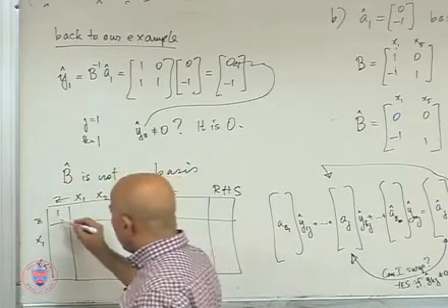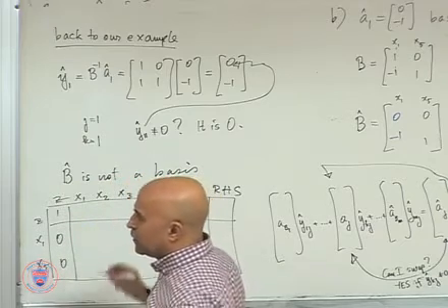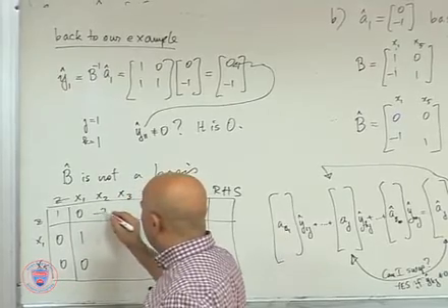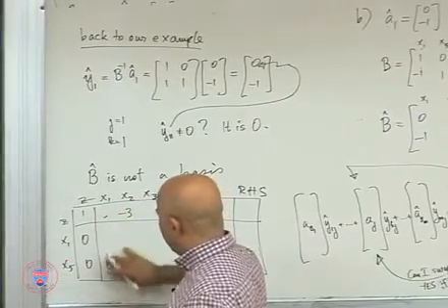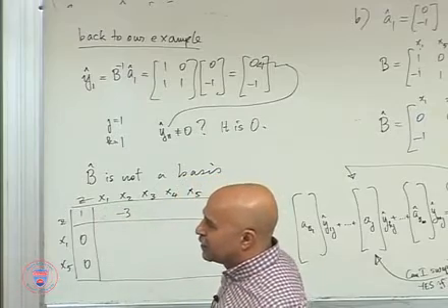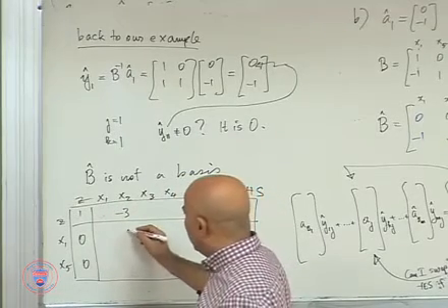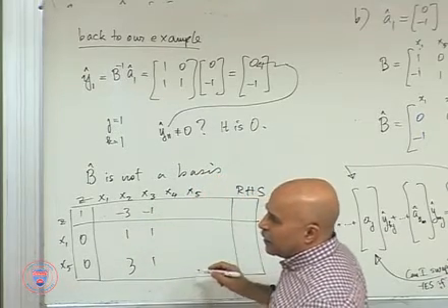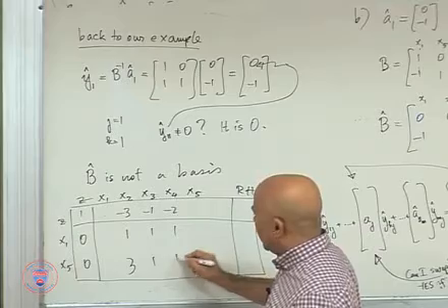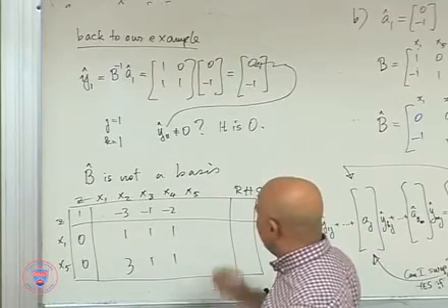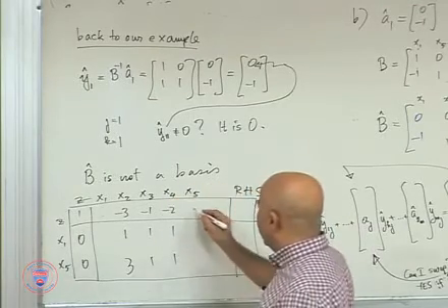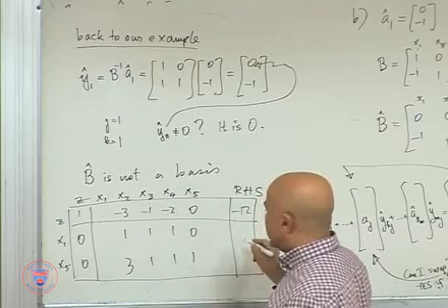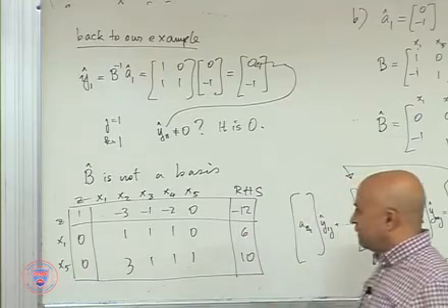So we've got the old numbers. By the way, x1 column is changed, so minus 3, 1, 3, minus 1, 1, 1, minus 2, 1, 1. What else do we have? x4, 0, 0, 1. The right-hand side, minus 12, 6, and 10.